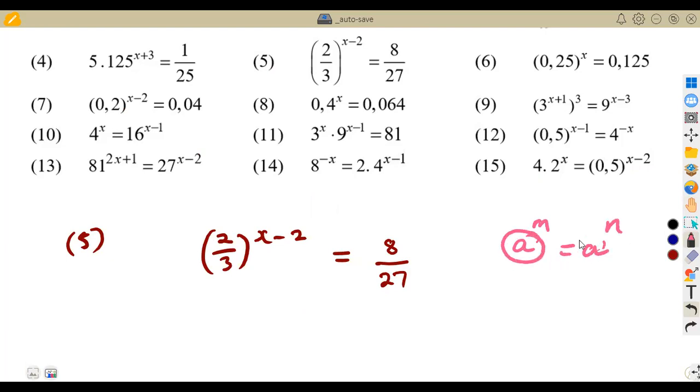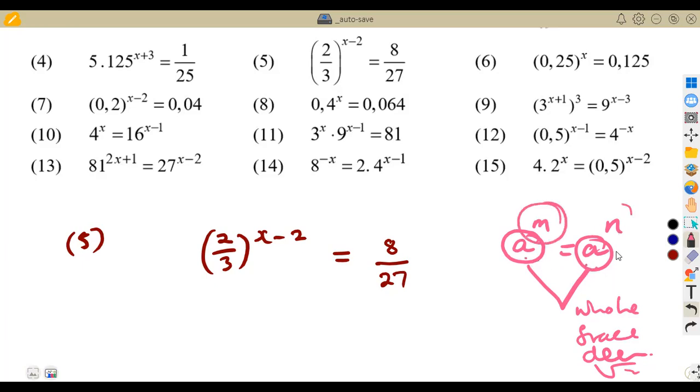As long as these two are the same, whether a and b are whole numbers, we do not care. Whether they are fractions, we do not care. Whether they are decimals, whether they are square roots, we do not care. As long as these two are the same, you equate your exponent. That is what you only need to know.